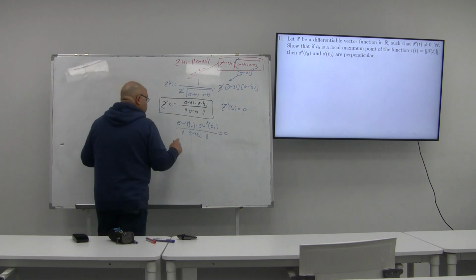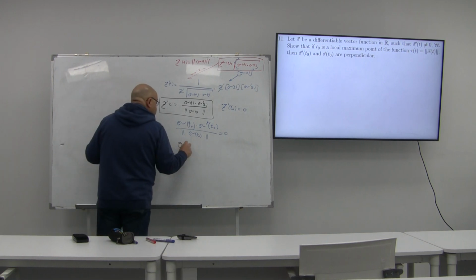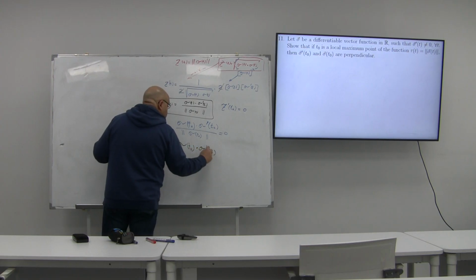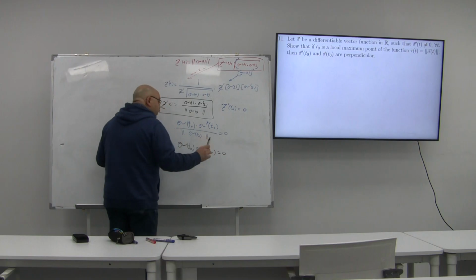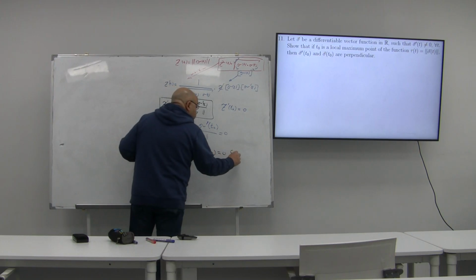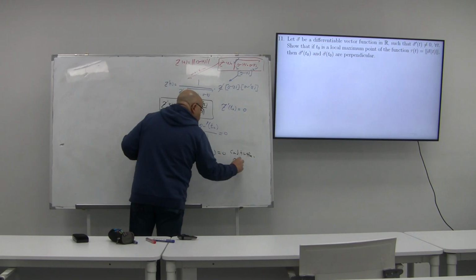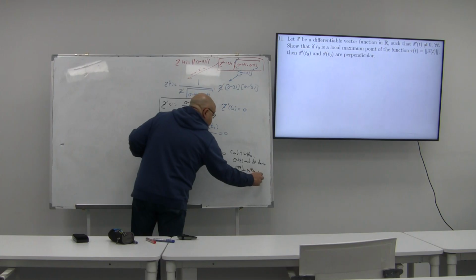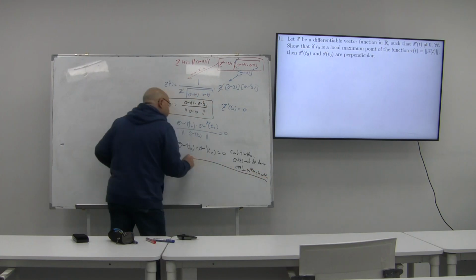Now I came to the point that states that rho of t naught dot rho dash of t naught equals 0, which is the condition that rho of t and its derivative are perpendicular to each other, and the problem is proved.